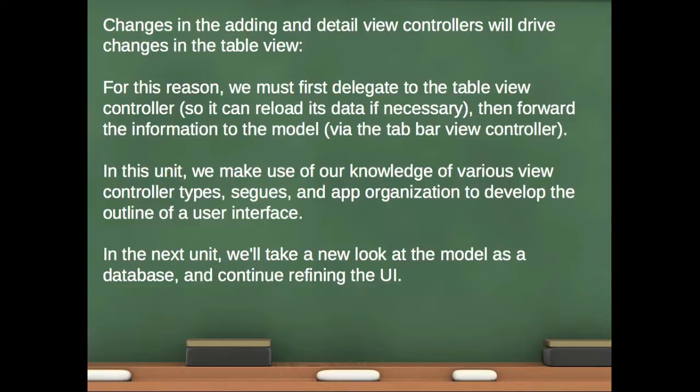Now, as we look at the model as a database, don't get confused. We're not changing the model. We're actually changing the implementation of the model. The model will still have a parts catalog, and it'll still have inventory, it'll still have assemblies, and so forth. But we're going to refine that model, especially in view of using it as a database. And that will require some changes to our model that we'll discuss in the next unit.